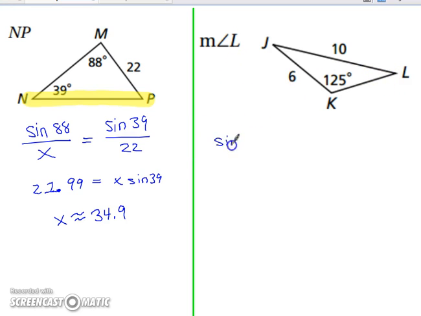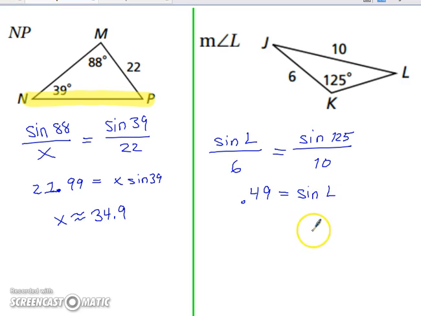So we have the sine of L. The side opposite of L is 6. And we have the sine of 125. And the side opposite this angle is 10. So we can cross multiply. So we can do 6 times sine of 125, and then 10 times the sine of L. So 6 times the sine of 125 divided by this 10 will give you 0.49 equals whatever our sine of L happens to be.